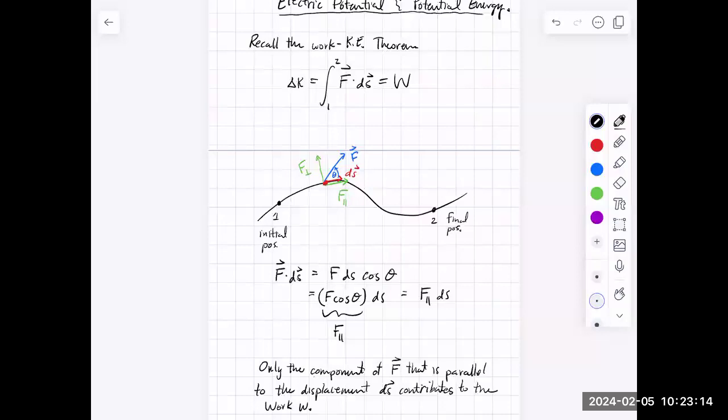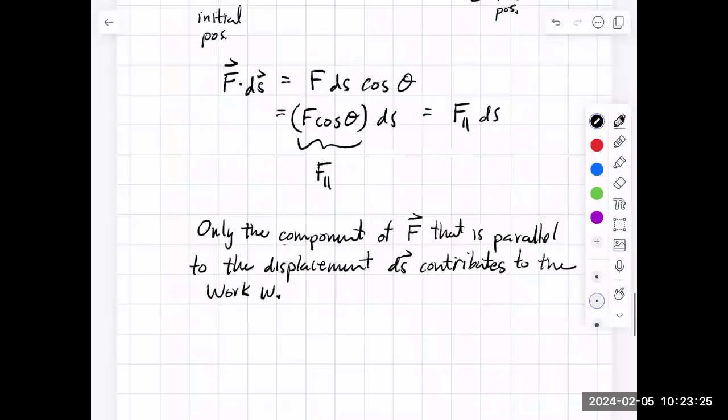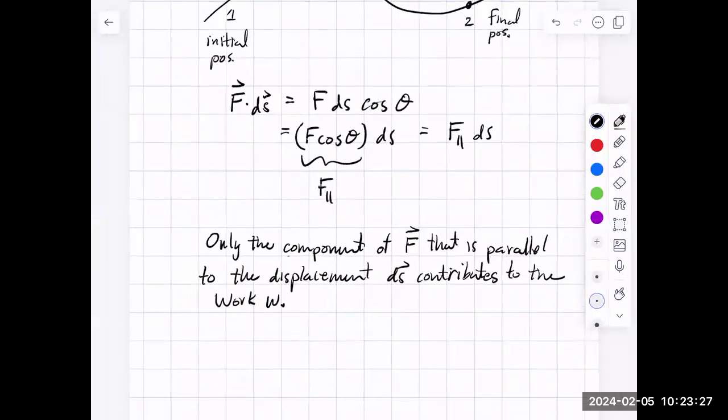Let's actually evaluate the work for a problem involving charges in an electric field. So let's see how we can do this.